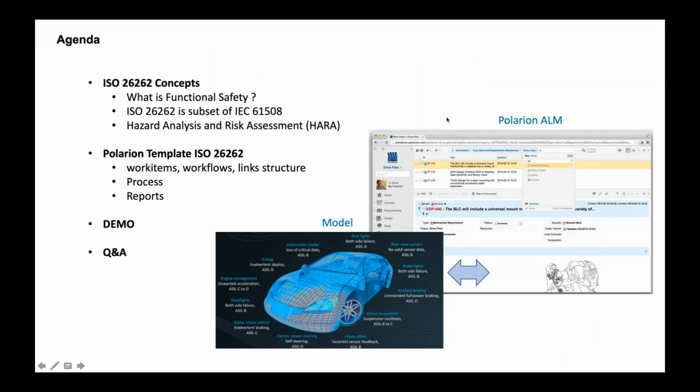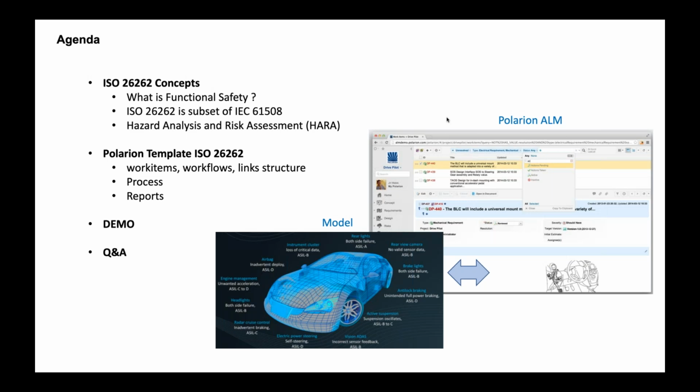So the agenda for today is to look at some concepts. What is functional safety? How can we perform hazard analysis and risk assessment, so-called HARA? Then to look at Polarion tools, which help to implement ISO 26262.